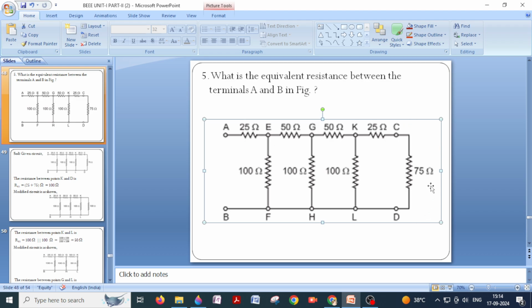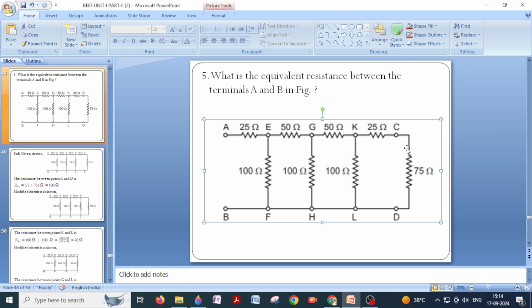There is a resistor of 75 ohms, and if you carefully observe from K to L, suppose current has started from node K and flows through 25 ohms.